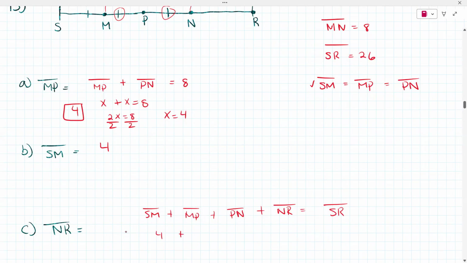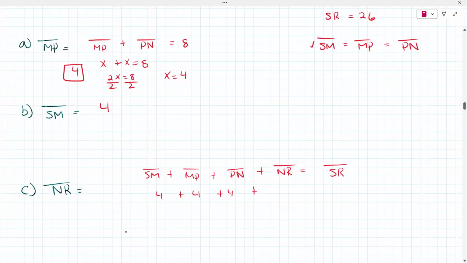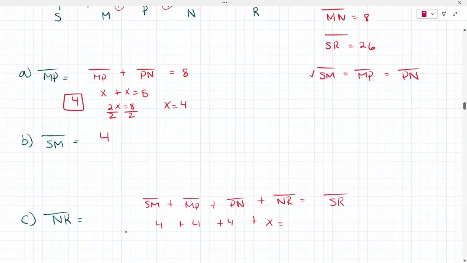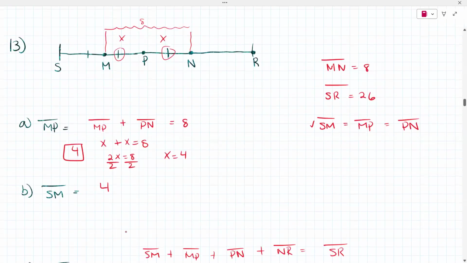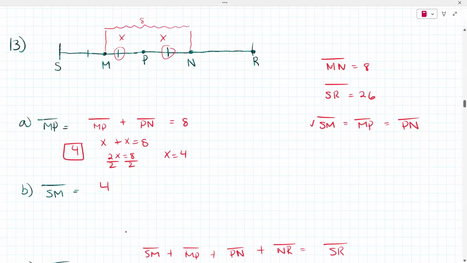The same thing with MP is 4. The distance of PN is also 4 because they all have these congruence marks. I don't know the line segment NR, so I'm going to call it X. But I do know the line segment SR, which is 26.